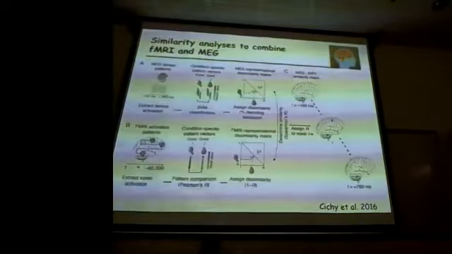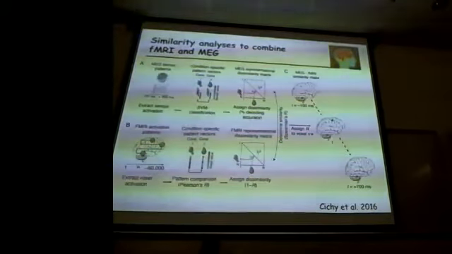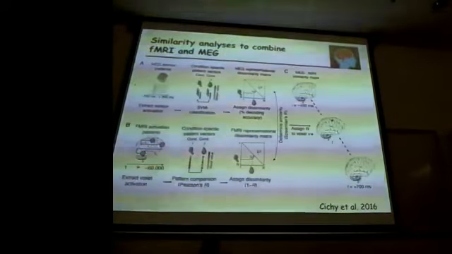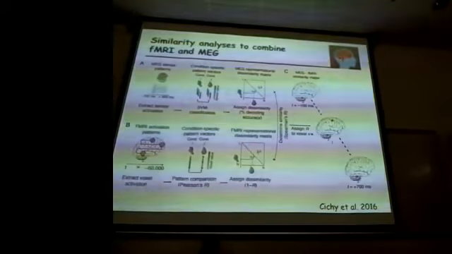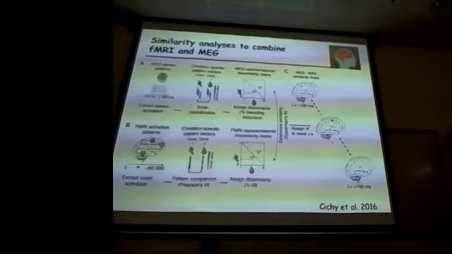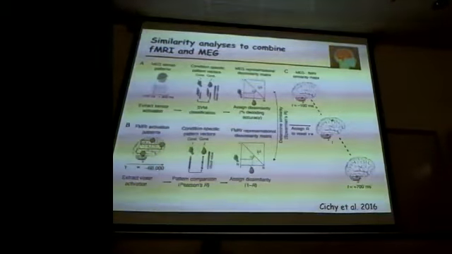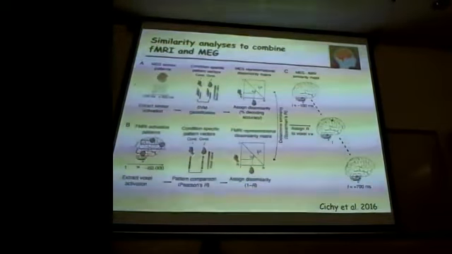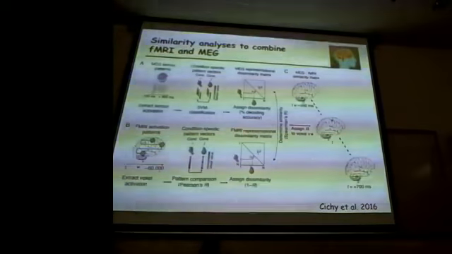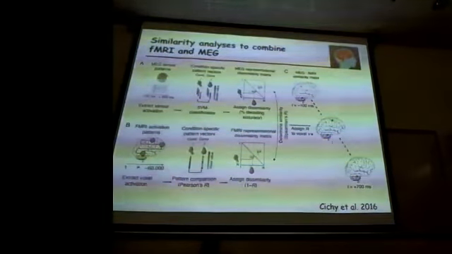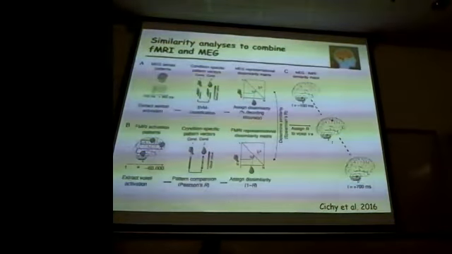So what they did is they looked at the MEG data, for example, and asked, what is the response to looking at a hand? And how similar is that response when you look at a pear, right? So let's organize all of our data according to how similar the responses look relative to whatever it is that you're looking at. And so you have this similarity matrix for all the stimuli that you're presented with.